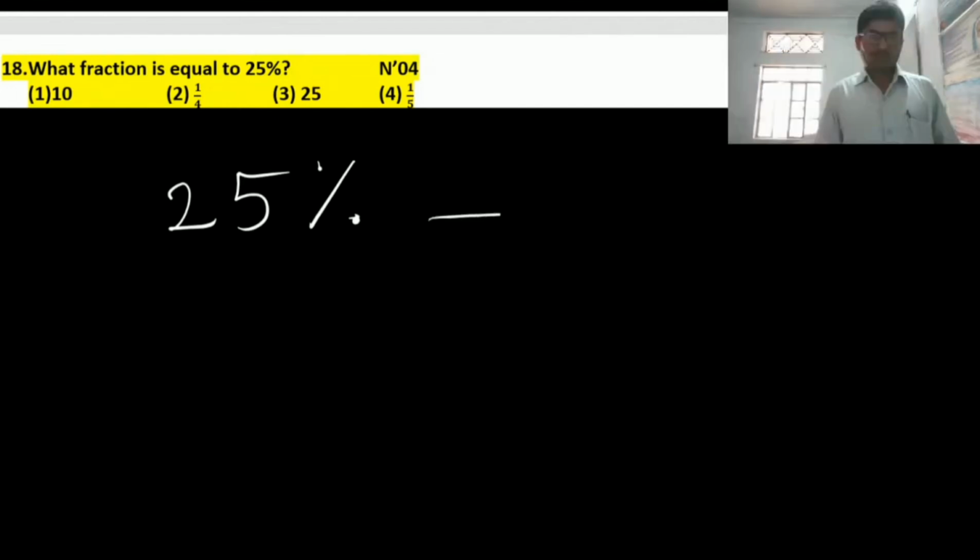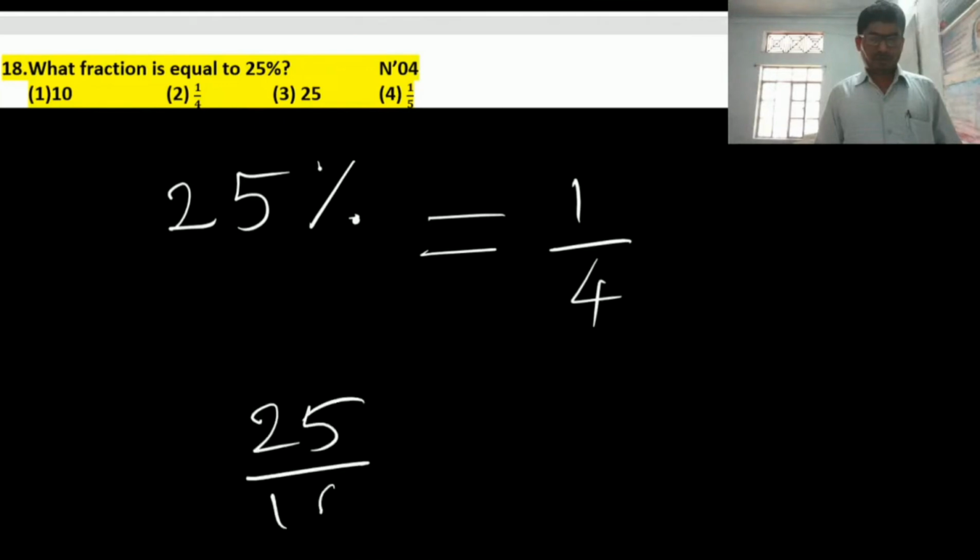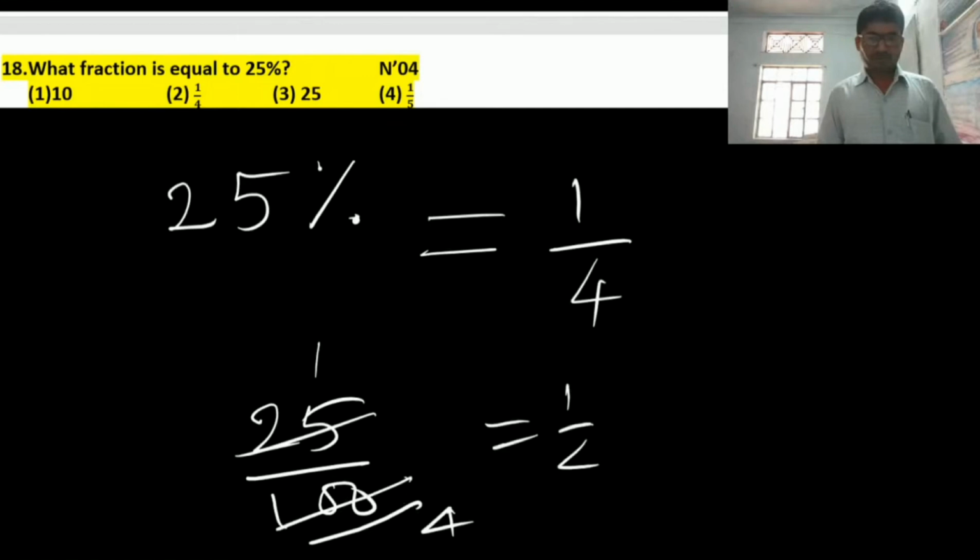Without calculating also we can say 25% means 1 by 4. If you don't know like this, you may divide like this. 25 by 100. 25 fours are 100. 1 by 4. So option 2.